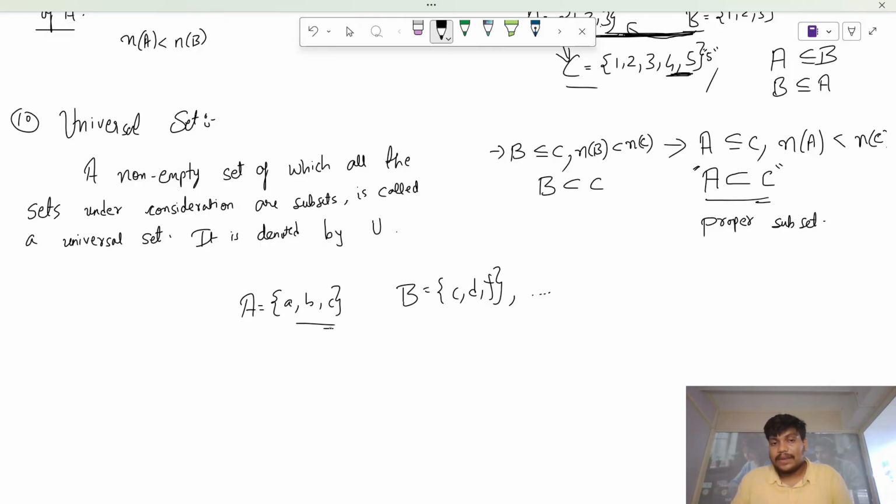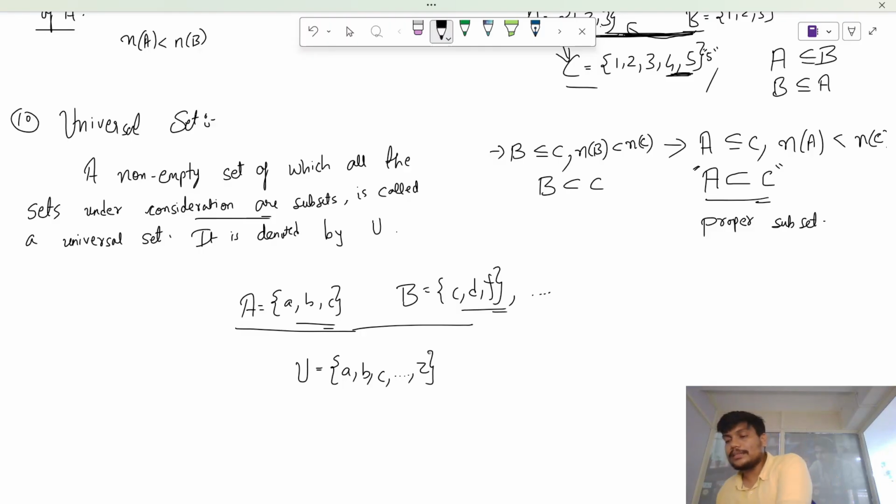All the elements are alphabets. Then in this case, what would be the universal set? The universal set could be the set which contains all the alphabets. Why? Because according to the definition, a non-empty set of which all the sets under consideration are subsets. That means I have this A to Z. Now I can take any set from here and it would be a subset of the universal set.